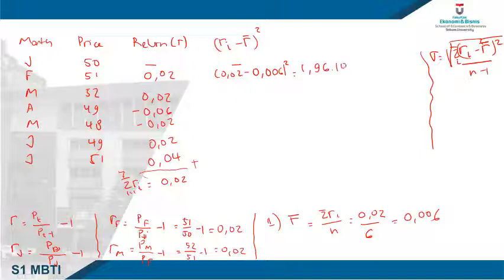It is 1.96 times 10 to the minus 4. Okay, and again here, luckily we have the same number. 0.006 squared is also 1.96 times 10 to the minus 4.